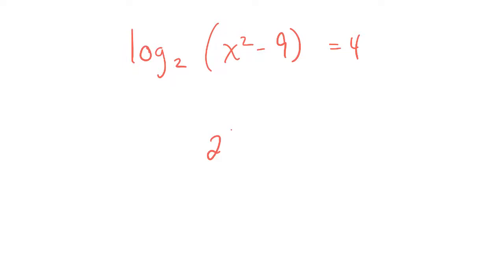Okay, and then it was solve for x: log base 2 of the quantity x squared minus 9 equals 4. So convert to exponential, and then I did 2 to the 4th equals x squared minus 9. 2 to the 4th is 16, right?